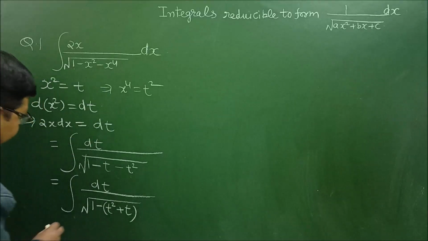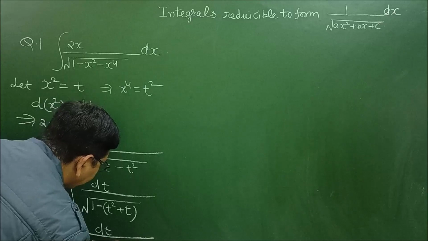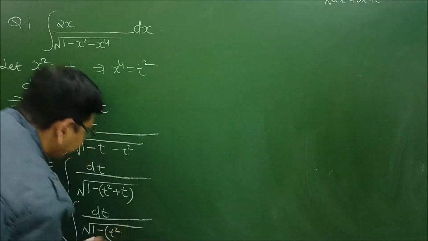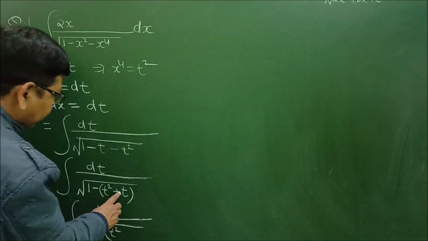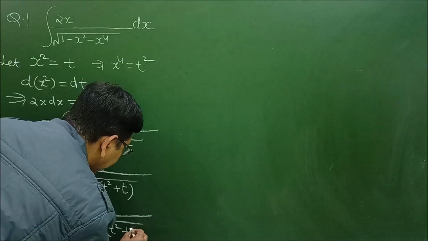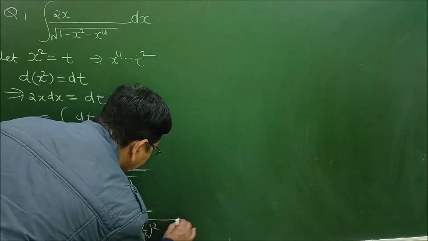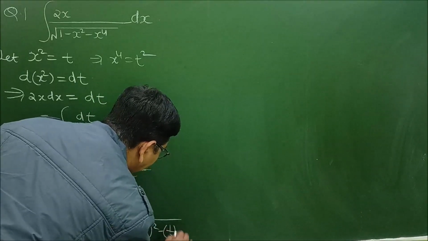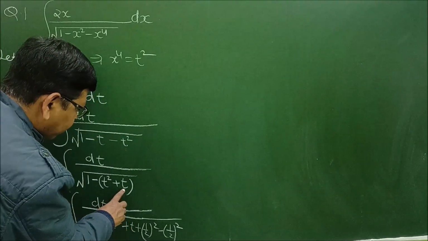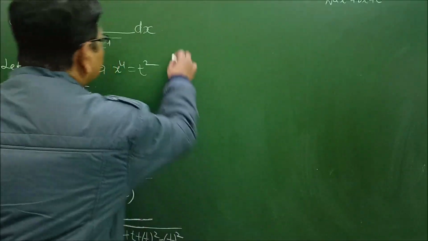In the next step, the coefficient of t is 1, so add (1 by 2) square and subtract (1 by 2) square, adding half of the coefficient of t, squared, and subtracting the same value.